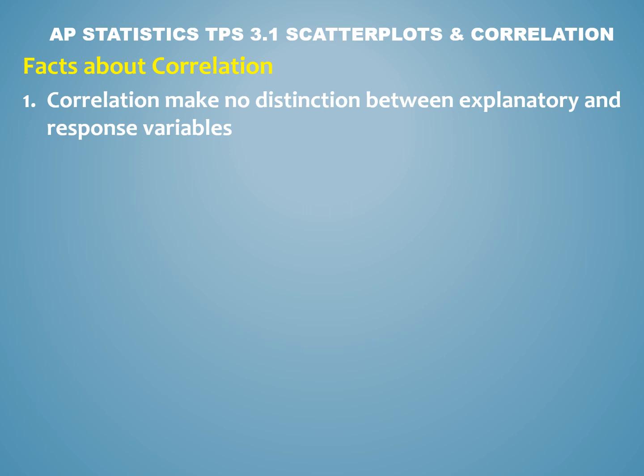So it doesn't really matter if I flip-flop the explanatory and response variables in the calculations, the correlation will not change. The predicted model might, right? Definitely it might. The slope of the prediction line would change. We'll talk all about these things more in the next unit, but the correlation does not change.